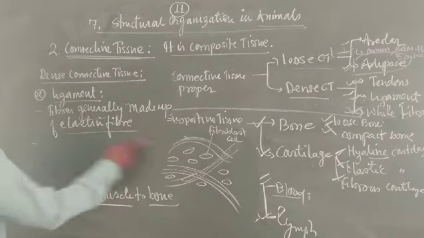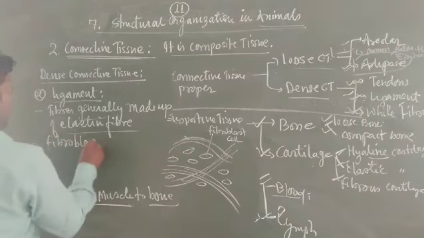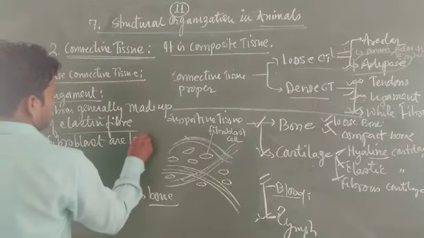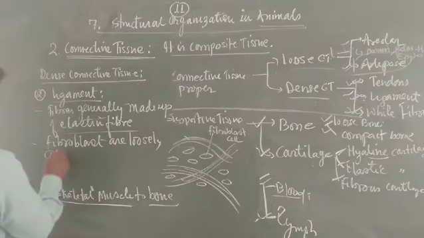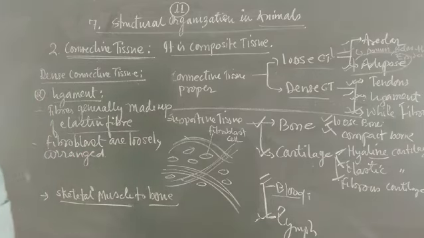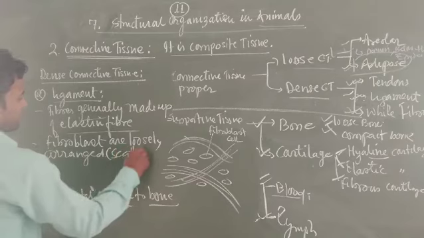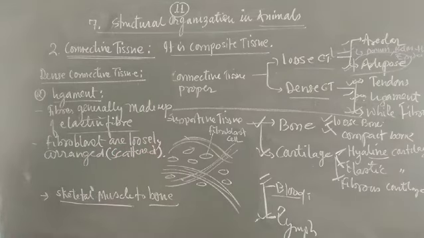Here the fibroblasts are not arranged, they are loosely arranged. You can say it is not arranged parallel to the fiber. The third point is that the fibrocytes are loosely arranged, that means you can say it is scattered. Which one? The ligament. Ligament is scattered, and fibers are generally irregularly arranged.